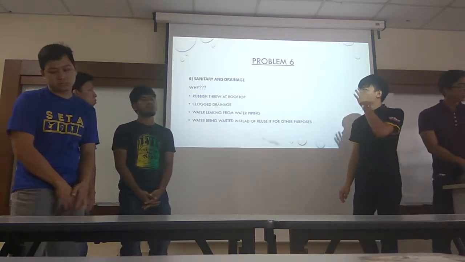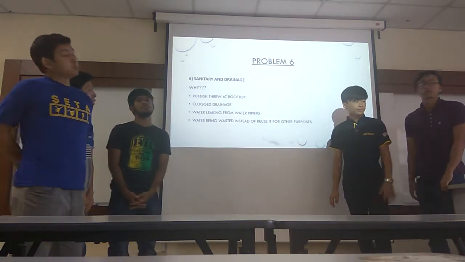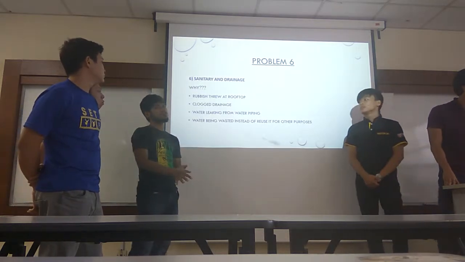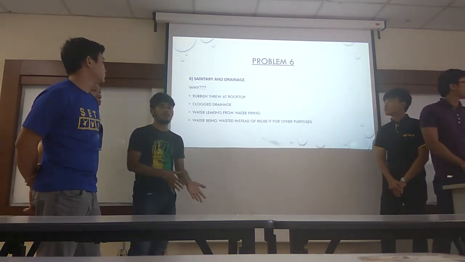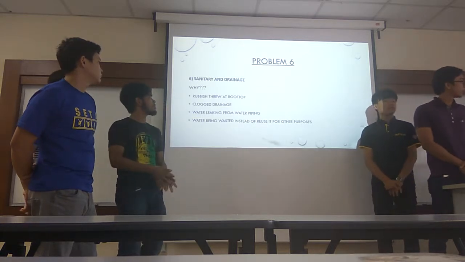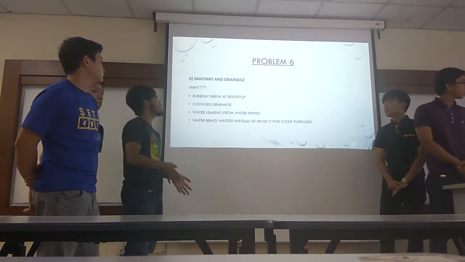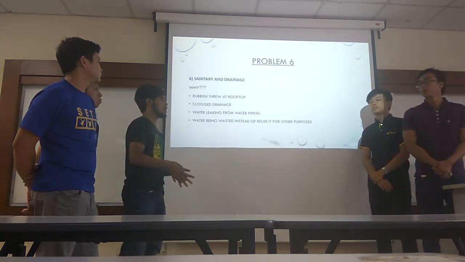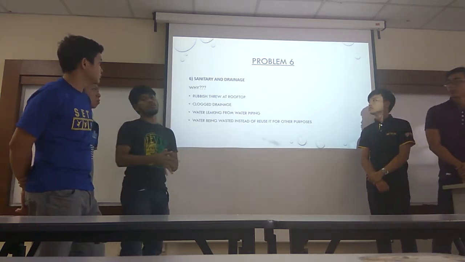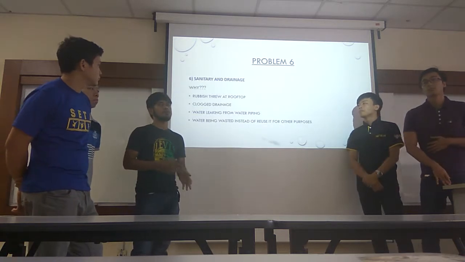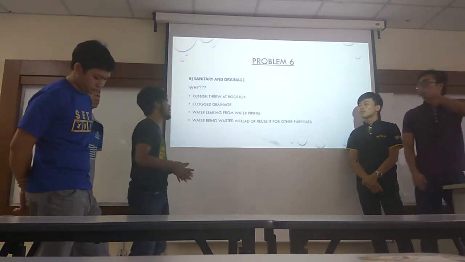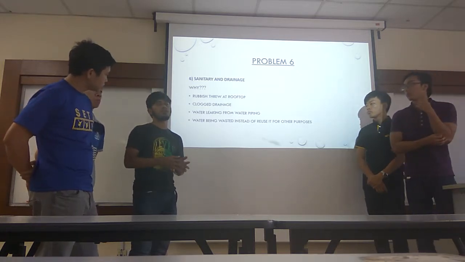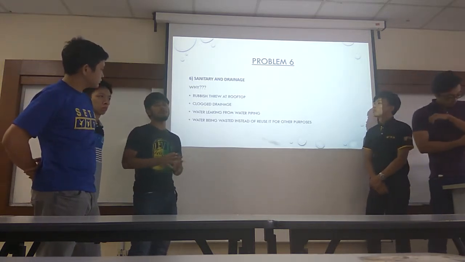The final problem is about sanitary and drainage. So what is sanitary? Sanitary is cleanliness and drainage is drain. Alright, so the first problem that happened is rubbish thrown everywhere on the rooftop of our college. When rubbish is thrown away just like that, it may clog the drain for the rainwater, which is very bad.